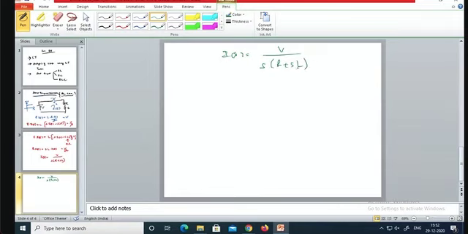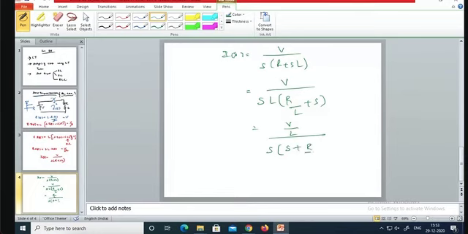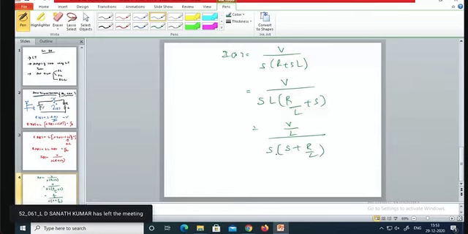You have to make the coefficient of s as 1, so just take L common in the denominator. So it is V/(s·L(R/L+s)), or (V/L)/(s(s+R/L)). This is as good as s into (s+a), like that.